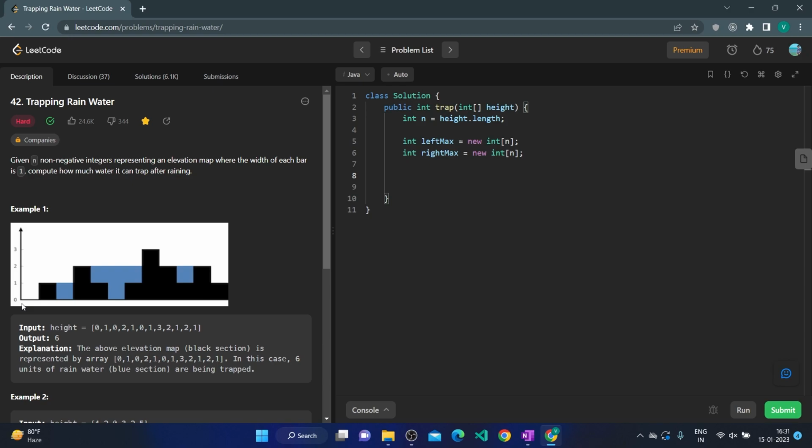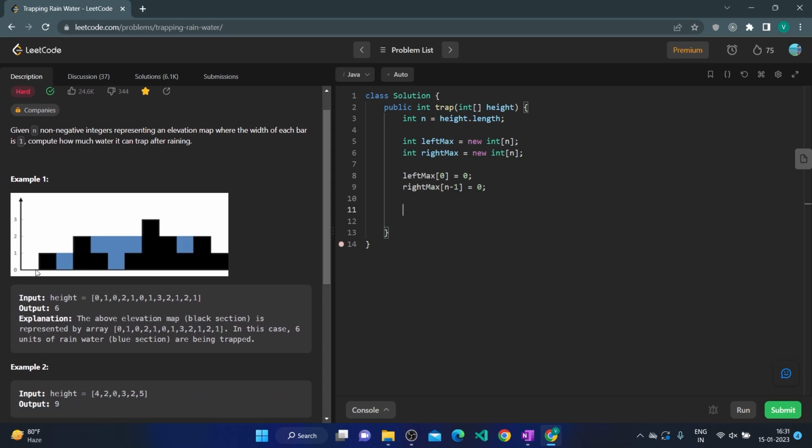Now we can see that for this first bar, the left max is always 0. Okay, so the left max for this 0 would be 0 always, and similarly the right max of this last element will always be 0. Okay, so the right max for this n-1 position, which would be the last position, will always be 0.